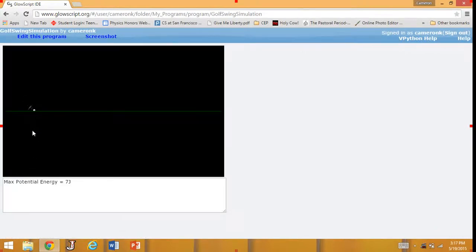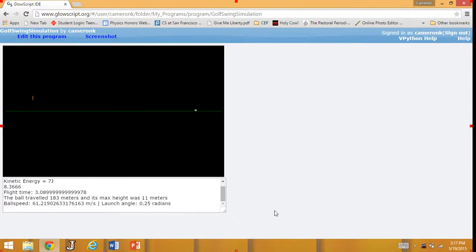It's the backswing, the downswing, follow through, and projectile motion. So the ball traveled 173 meters, which sounds about right for a typical amateur golfer driver swing. Its max height was 11 meters. The ball speed was 61 meters per second, and the launch angle was 0.25 radians.